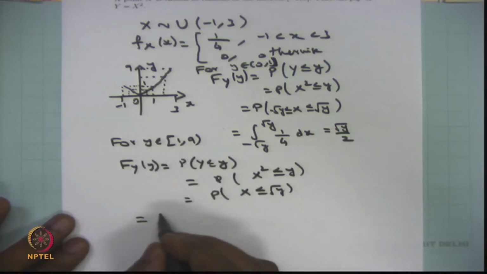That means it is from minus infinity to minus 1, where the probability density function of x is 0.